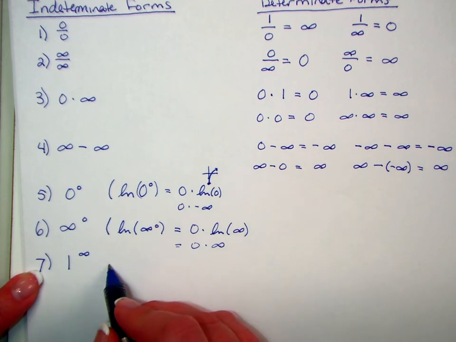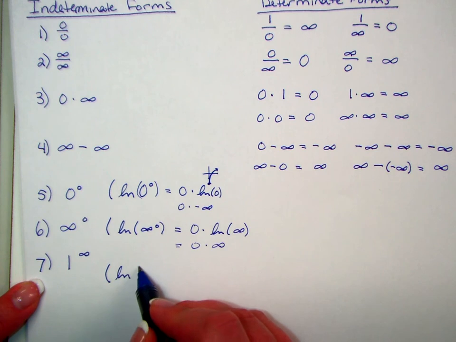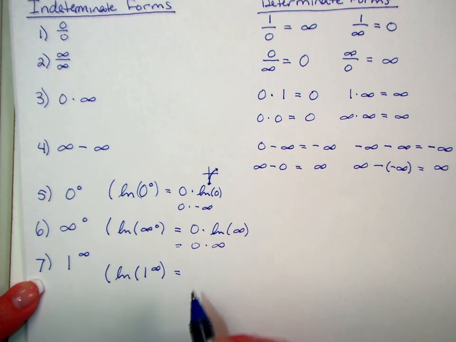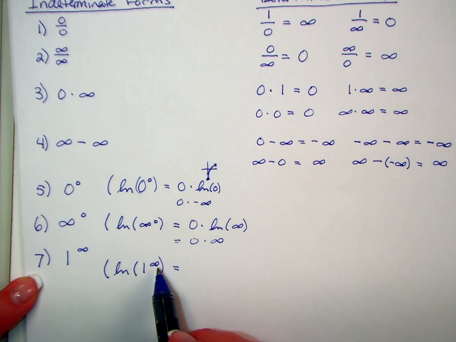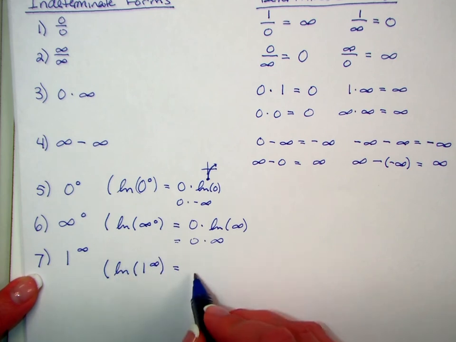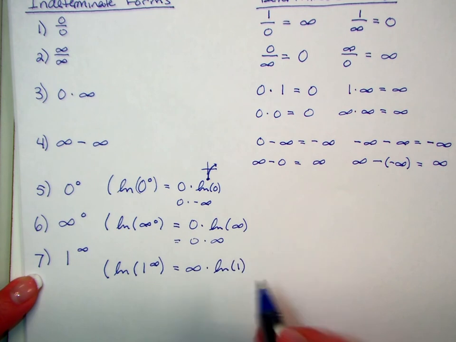Same thing's going to happen for the 1 to the infinity. If I were to take ln of this function and use that third law of logarithms and pull the infinity out front, I get infinity times ln of 1.